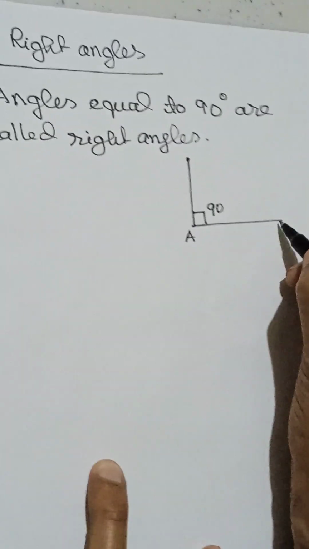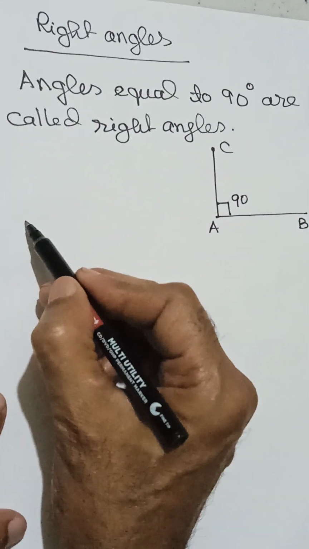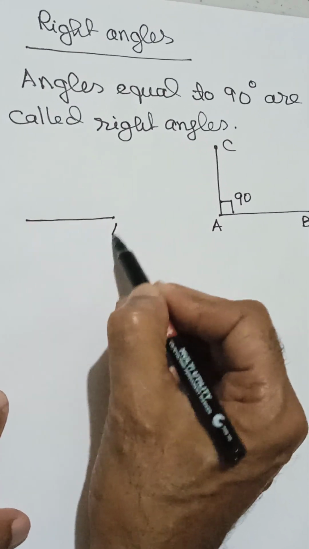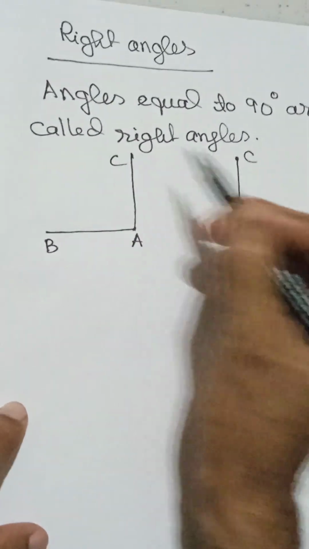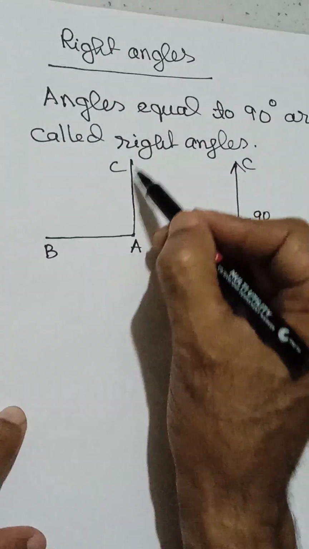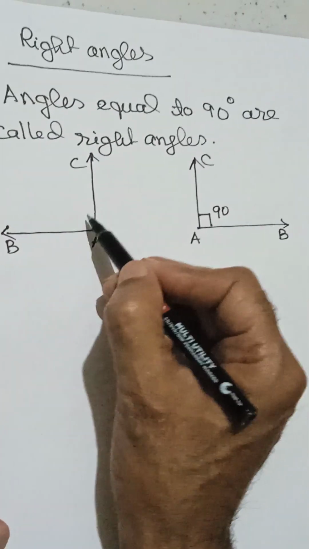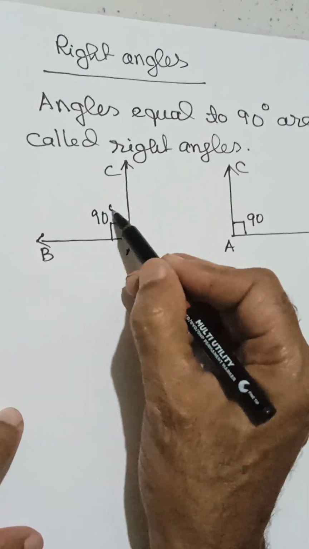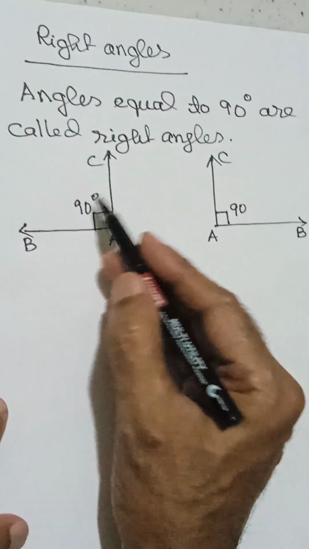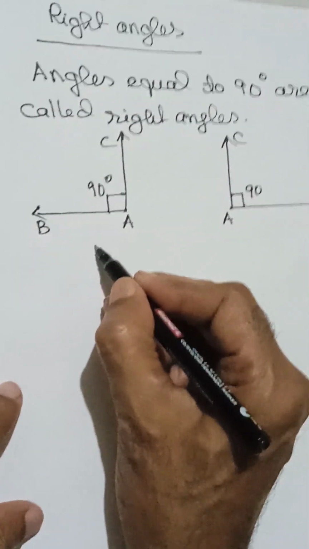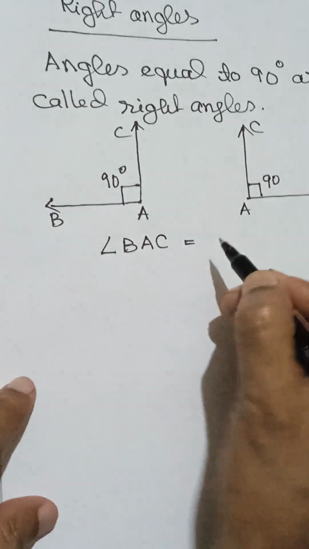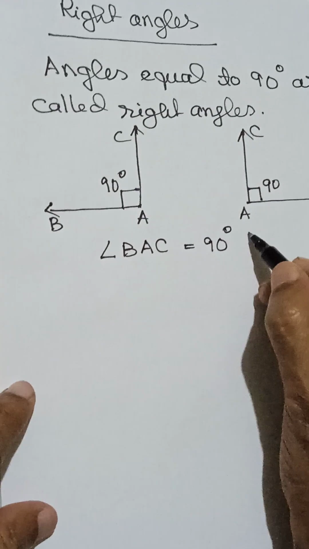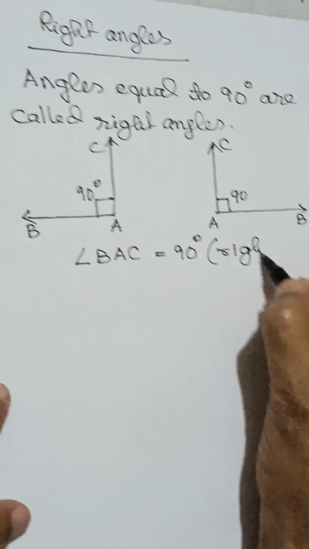It is A, it is B, it is C. From the left hand side it will be A, B and C. It is 90 degrees. In both cases, the above are examples of a right angle. Angle BAC is equal to 90 degrees. We call it a right angle.